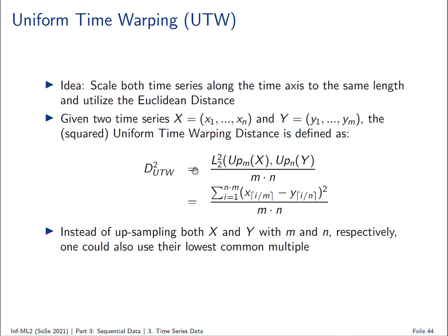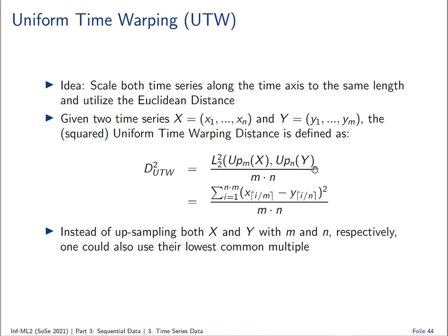We use as a distance the Euclidean distance between x and y, but we upsample x by the factor of the length of y, and we upsample y by the factor given by the length of x.